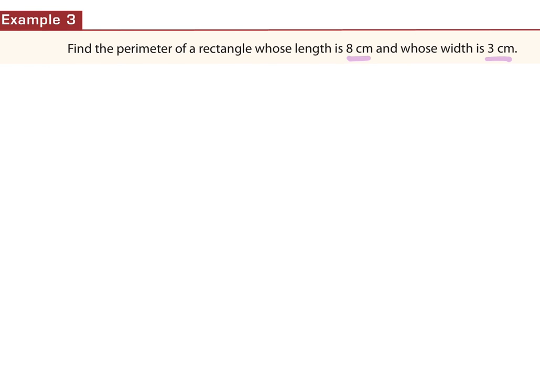So perimeter, we have to decide what formula I'm going to use. The perimeter of a rectangle is 2 times the length plus 2 times the width. So first I'm going to determine what my formula is. This is my formula. Then they have given me my L and they have given me my width. Now that I know those variables, I'm going to substitute it in.